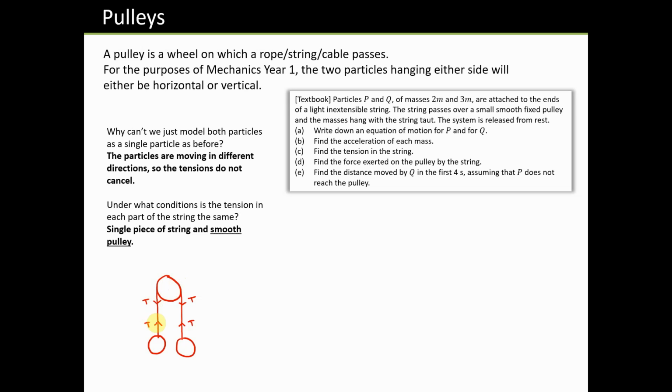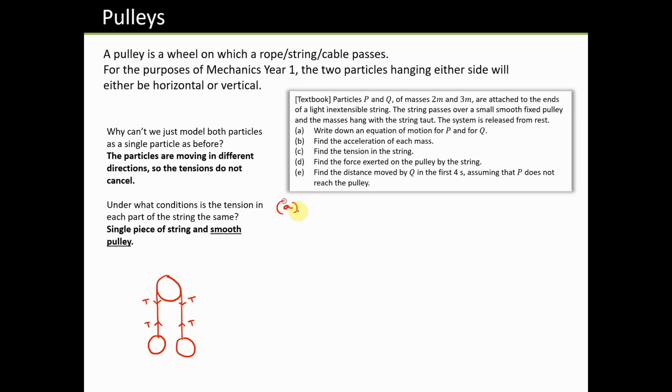A smooth pulley means that all the forces that come through here aren't going to get disrupted by any friction or anything like that, and it will be the exact same round the other side. And by that we'll know that these will always move with the same acceleration on each side and the same speed on each side.